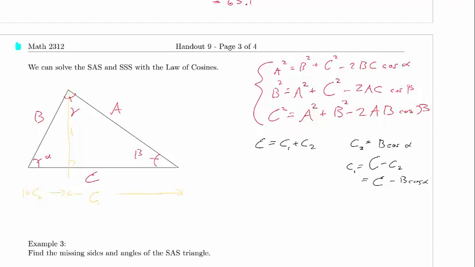Relating the heights is what we're going to be doing here. So we're using the Pythagorean theorem, so h squared equals a squared minus C1 squared, and then looking at this triangle as our basis, it also is going to be b squared minus C2 squared.